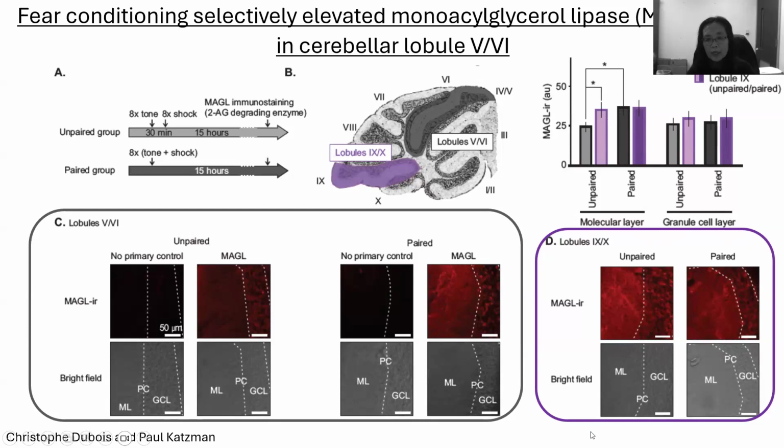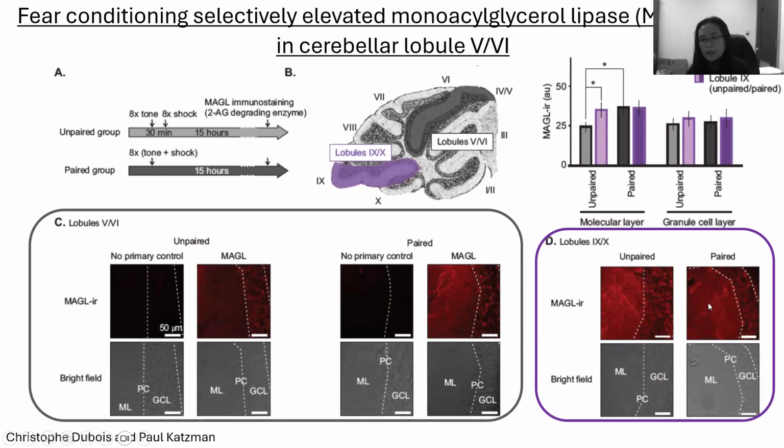Then in the same slides, you quantify the MAG lipase expression in lobules 9 and 10. The first thing you notice is that in the molecular layer, the immunostaining is much higher compared with lobules 5 and 6. If you look at lobules 5 and 6 and lobules 9 and 10 in the molecular layer, we saw quite a large increase in the immunoreactivity.